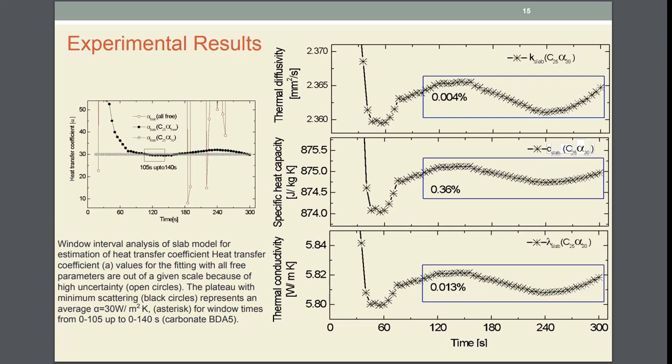And you can see that for this window interval of the slab model, the estimation of heat transfer coefficient values when fitting with all free parameters is out of the given scale because of high uncertainty. This means this red line, when all parameters were free, the scattering was beyond the scale, and we cannot measure it or show it in the paper.